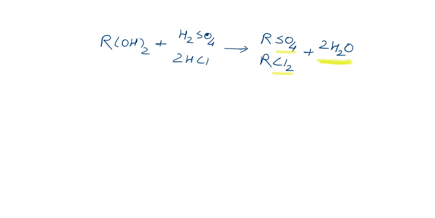We can regenerate the resins by using chemicals, and cation exchange resin is regenerated using acid. Acid is used for regeneration of cation exchange resin.